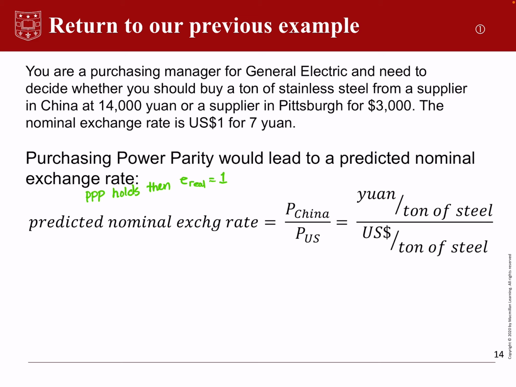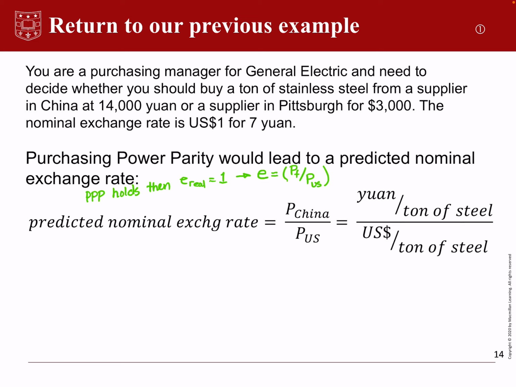And if that is the case, then the nominal exchange rate is going to be a reflection of the average price level in the foreign country relative to the average price level in the US.